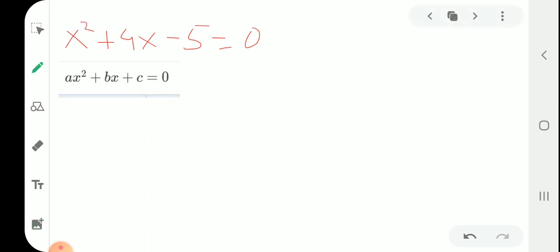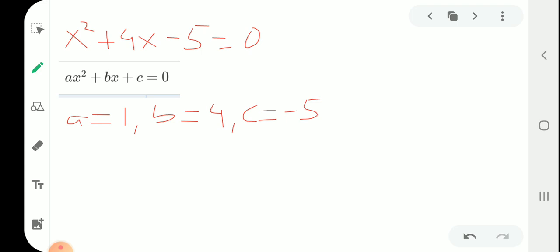In this particular example, our a value is equal to 1, our b value is equal to 4, and our c value is equal to negative 5. So do not forget to put the negative sign.